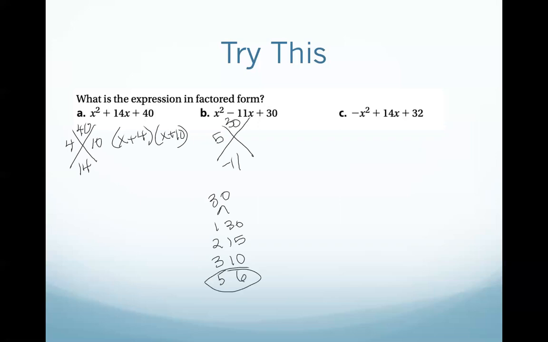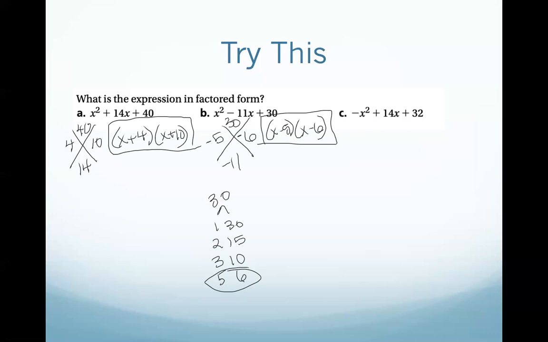So I'll go 5 and 6, but both of them need to be negative because that 11 is negative. So we have x minus 5 times x minus 6. Let me box these answers so that it's clear the answer compared to my work.